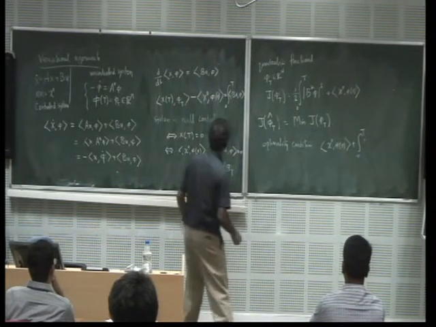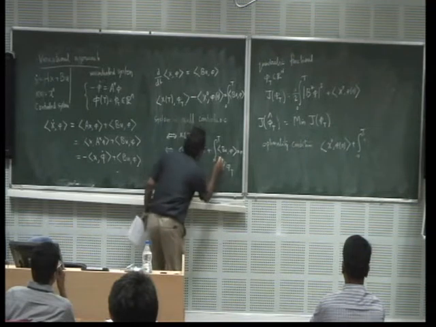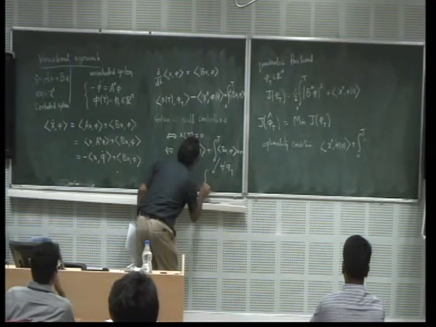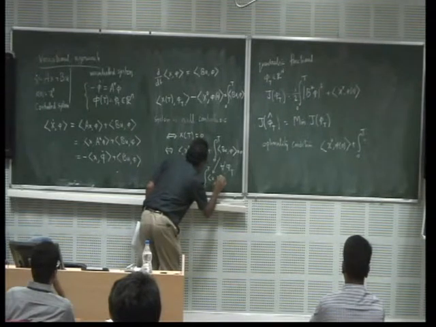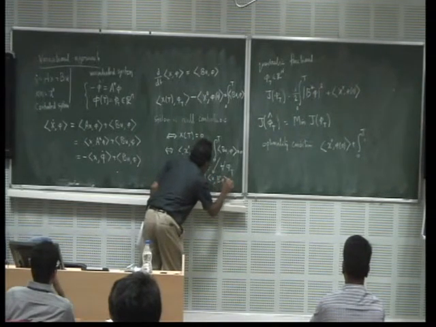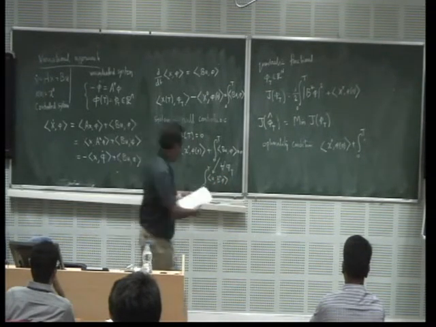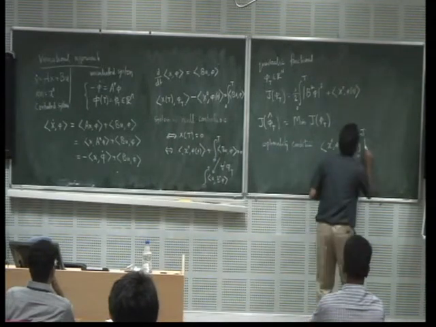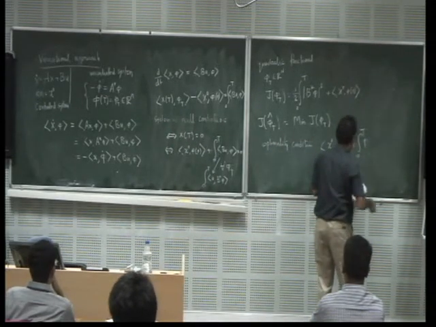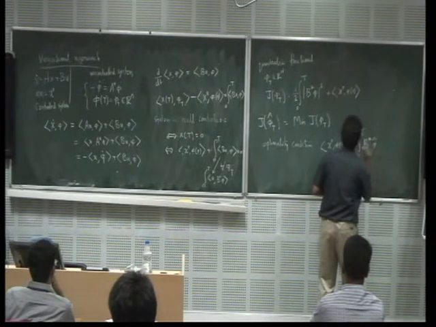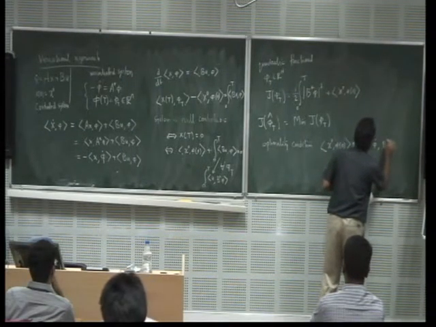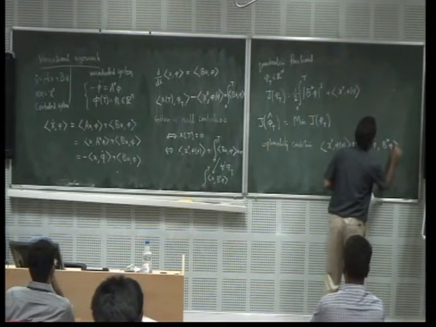You can rewrite this in one more form. Then this term is the same as u acting on B star of phi. So you will have B star of phi hat, B star of phi, equal to 0.